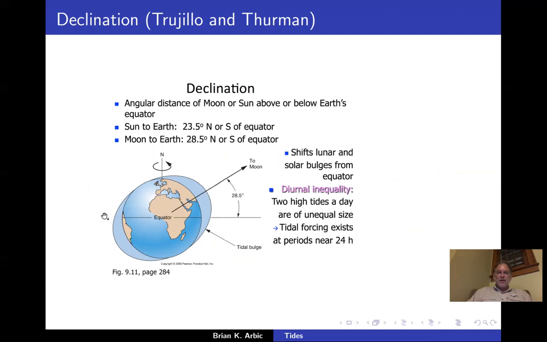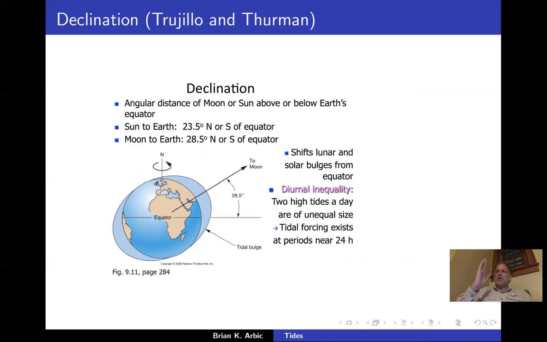Here's the equatorial plane of the Earth, and then the Earth is spinning, of course. And the moon is tilted with respect to that equatorial plane by as much as 28.5 degrees. And that's basically because there's a plane of the solar system called the ecliptic that most of the planets and things are in.